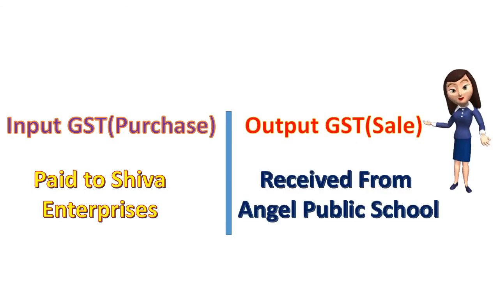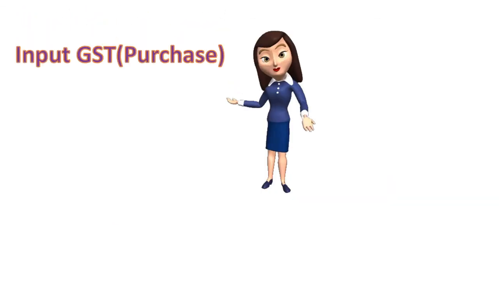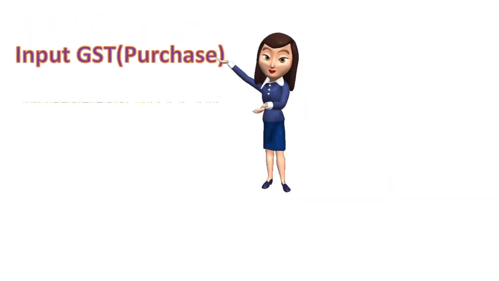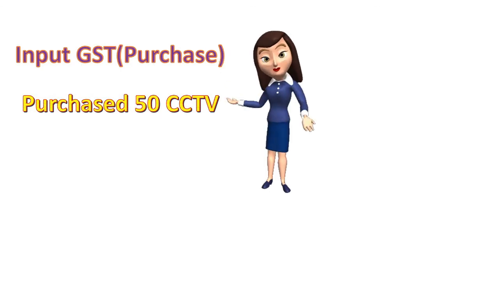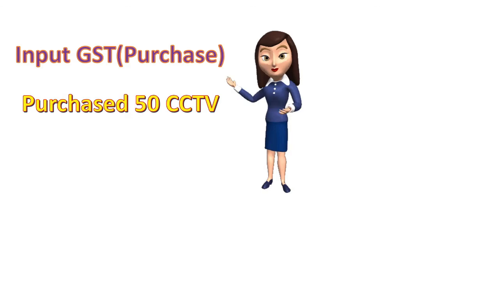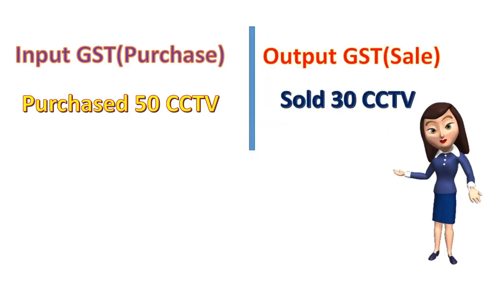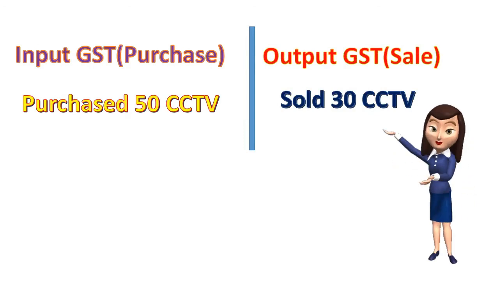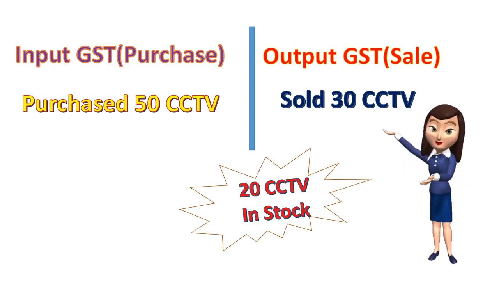Now in this case, the input GST on purchase is for 50 CCTVs. We have purchased 50 CCTVs from Shiva Enterprises, and output GST, that is the GST on sold CCTVs, we have sold 30 CCTVs to Angel Public School. So right now we have 20 CCTVs in our stock.